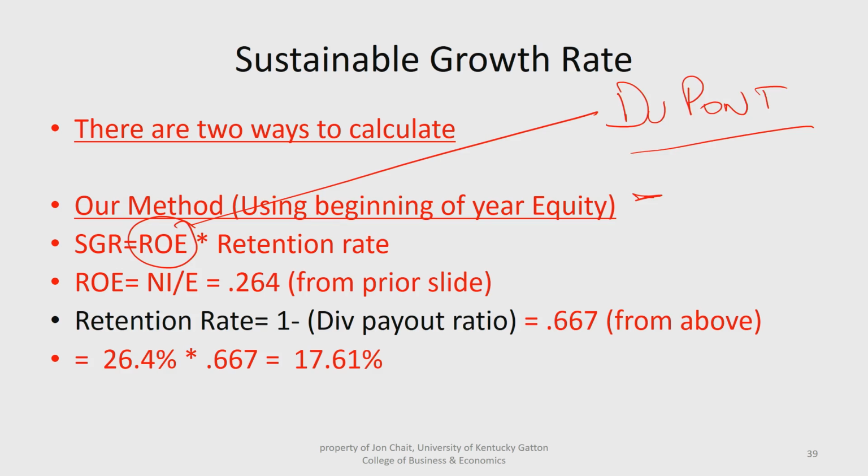We force you to use the DuPont formula to calculate it. And then you might have to do a little math to calculate the retention rate. Remember, that's one minus the dividend payout rate. You know, make you do a little work to calculate the sustainable growth rate.